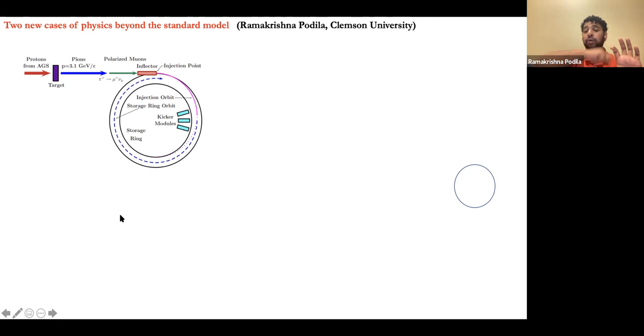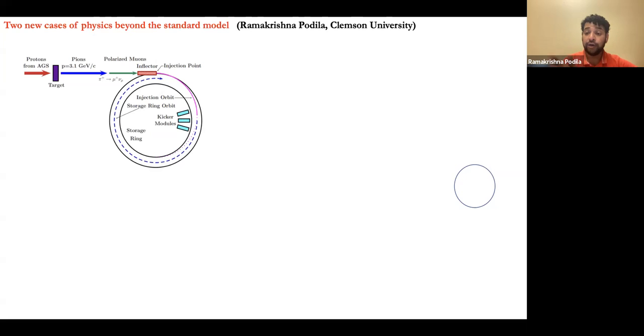As the muons are going around, this muon is going to decay. And because of this decay, you're going to get a positron from mu plus. And these positrons would have the highest energy along the direction of the spin of the muon. So as the muon is going around, you can have calorimeters around the storage ring, and you can detect the positrons that are coming out.